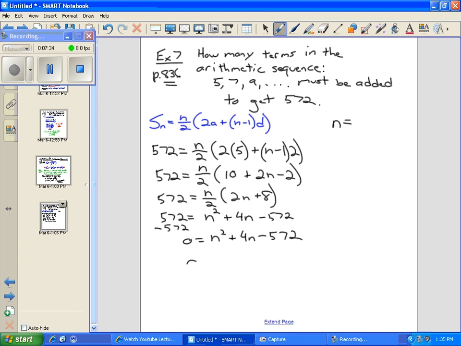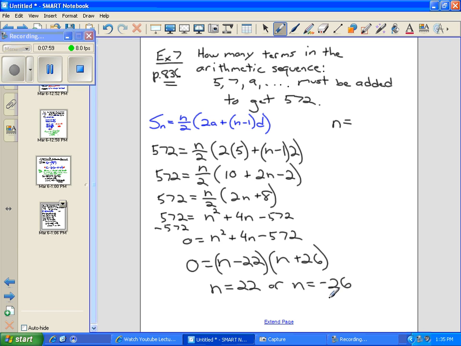If you factor this, you get n minus 22 times n plus 26. So that tells me that n either has to be 22 or n has to be negative 26.